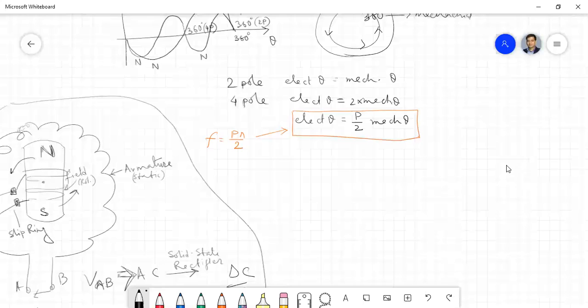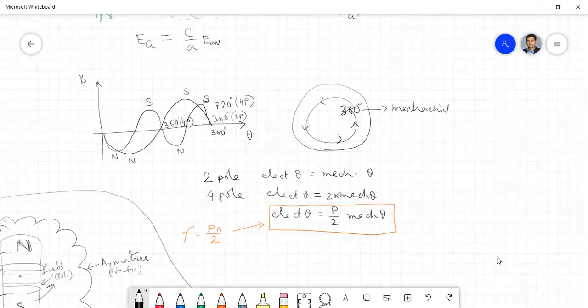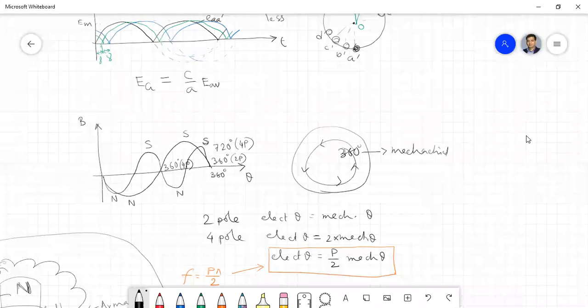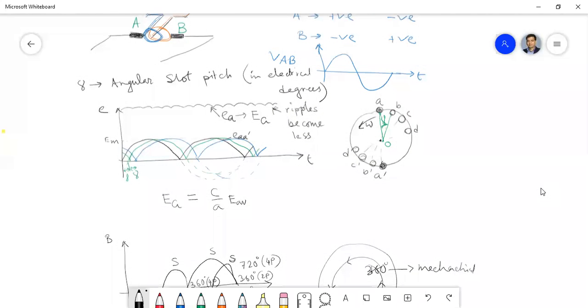Then we discussed the basic relation between electrical angle and mechanical angle. Before that, what we discussed in that class: how we get almost ripple-free DC in a normal DC machine. For that, we make our winding distributed along the armature periphery.